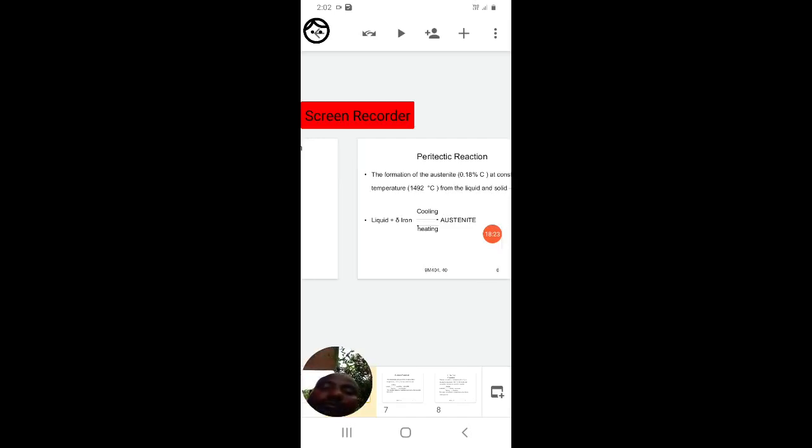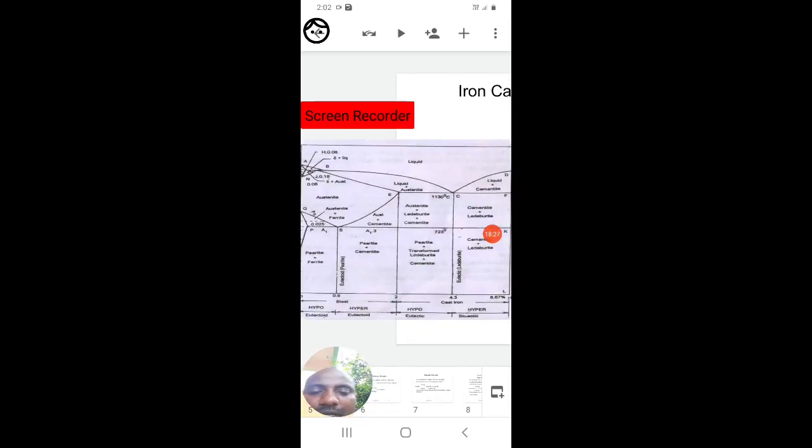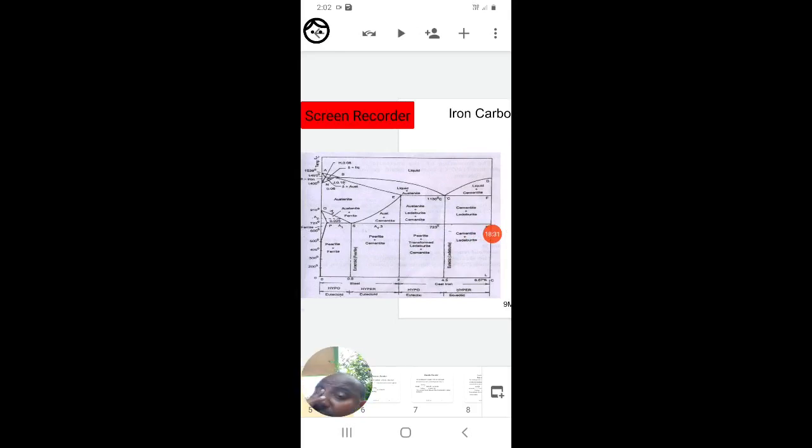So you'll see the diagram. At the point C, above, as already told, A, B, C, D is the liquidus line. So that is the molten state of iron. At that point, liquid gives rise to austenite plus cementite.